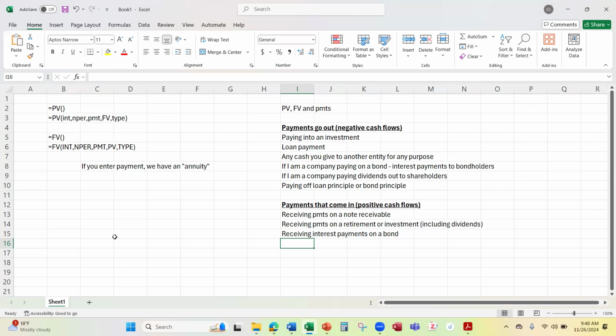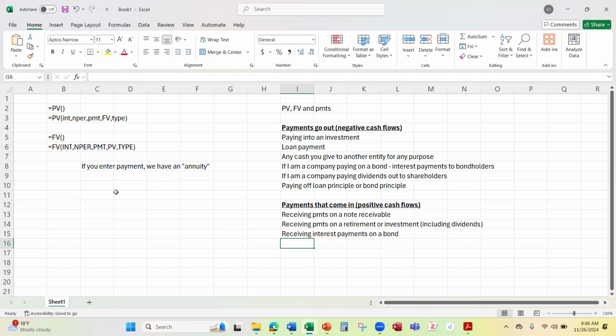So the payment out to purchase the investment is a negative cash flow, but any payments I receive back in the form of interest or dividends are positive cash flows. I will get the wrong future value if I don't differentiate between which ones are payments to me versus payments I'm making out. So always watch out for the direction of the cash flow when you're doing these.